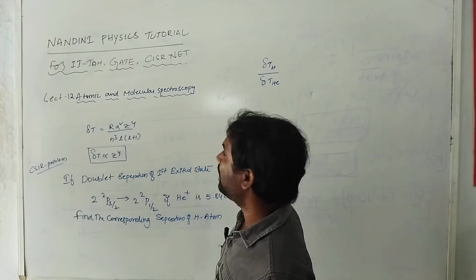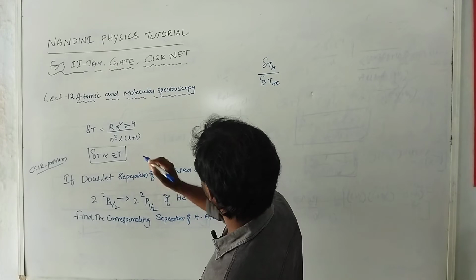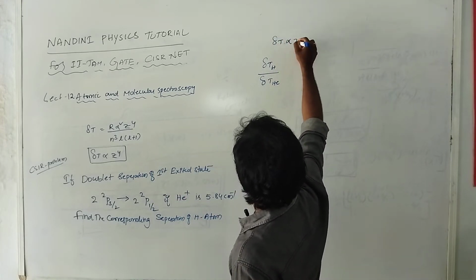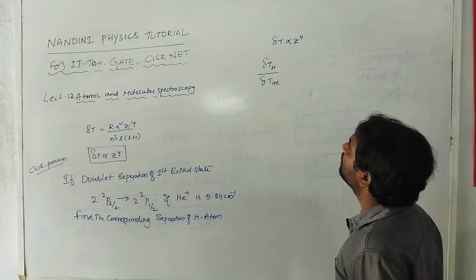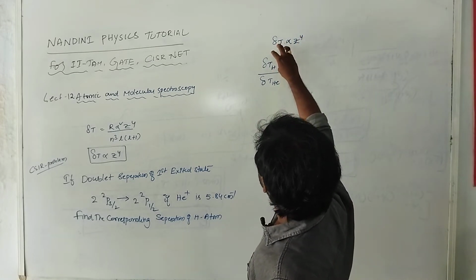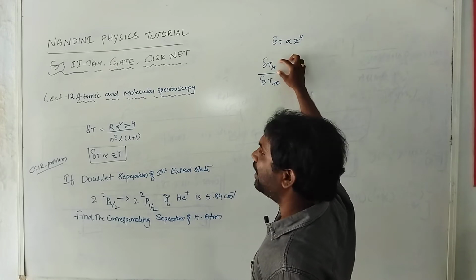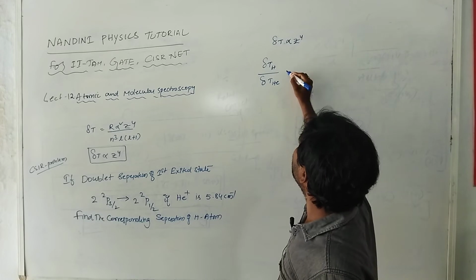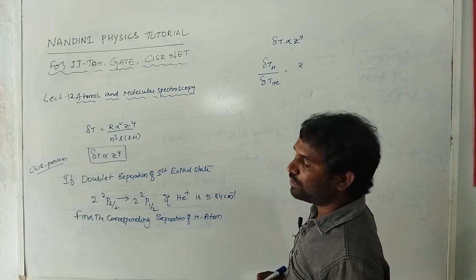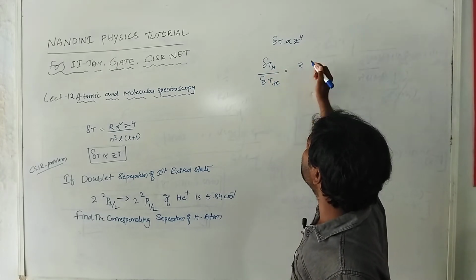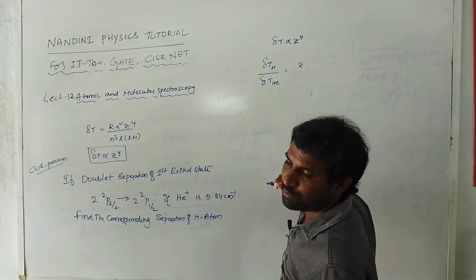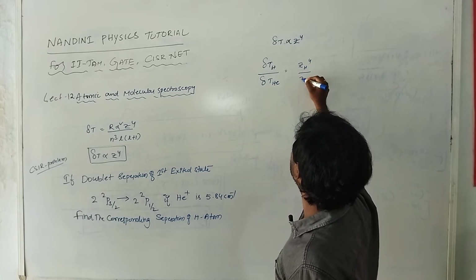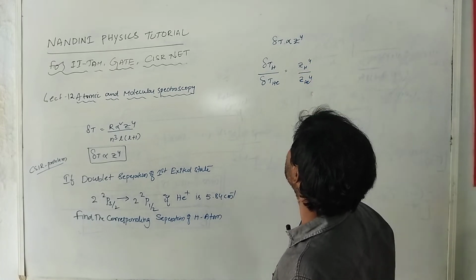Since delta T is directly proportional to Z to the power 4, the ratio is Z of hydrogen to the power 4 divided by Z of helium to the power 4. So this is the formula.